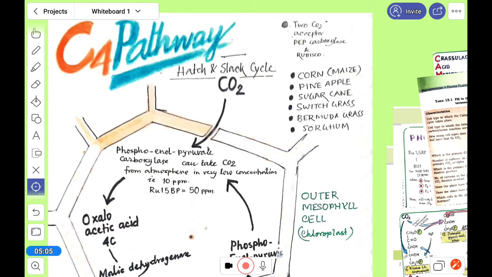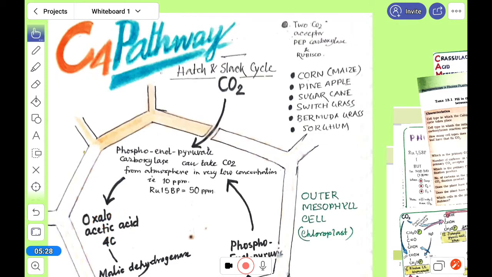Now come to the process. Here carbon dioxide is in very low concentration, but it can still be accepted here. The first stable product is oxaloacetic acid, which contains 4 carbons, and that is why it is called the C4 pathway.